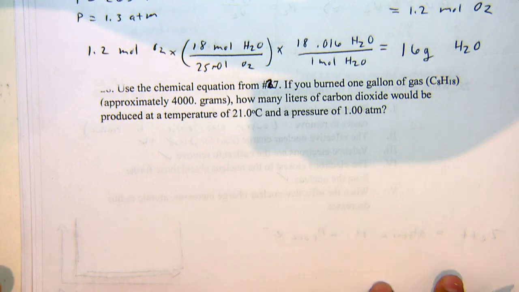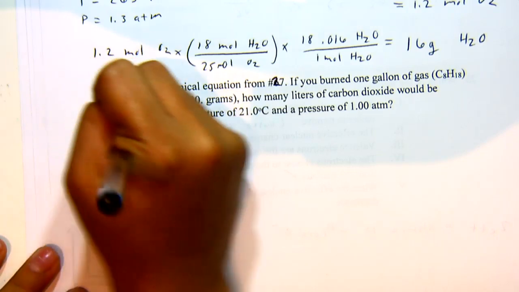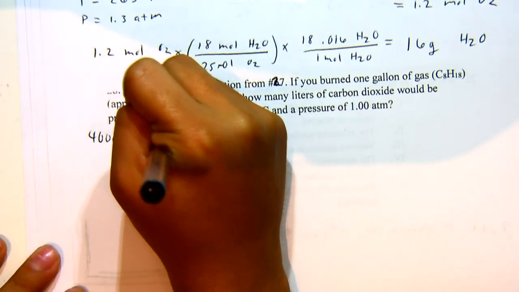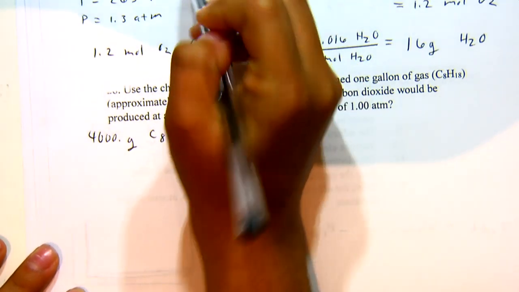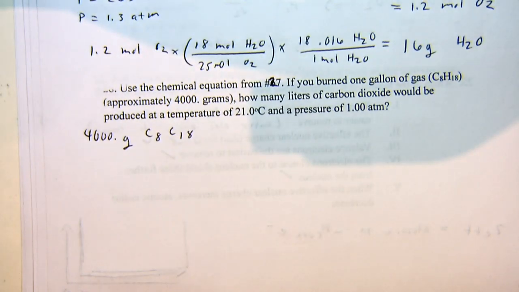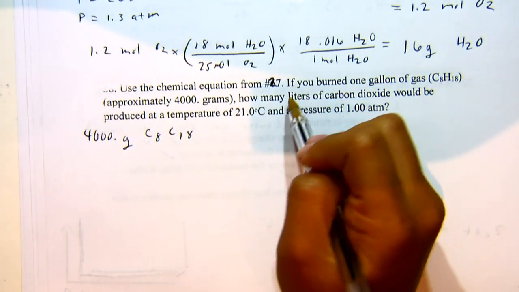So first off, we know we have 4,000 grams of C8H18, which is from up here. And we're basically going to go through that same process, but we have to think of it for liters.